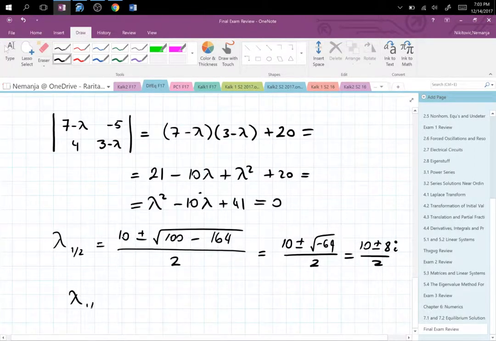So your two lambda numbers are 5 plus minus 4i. Bueno?